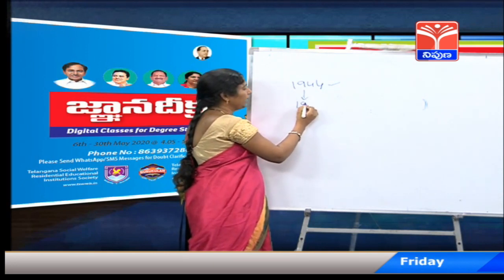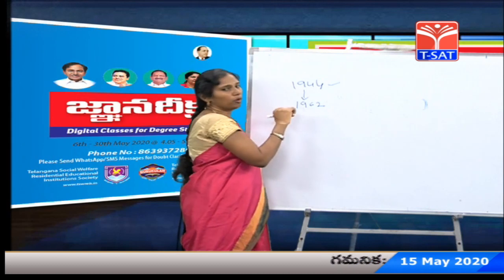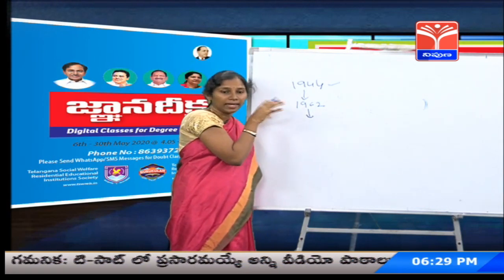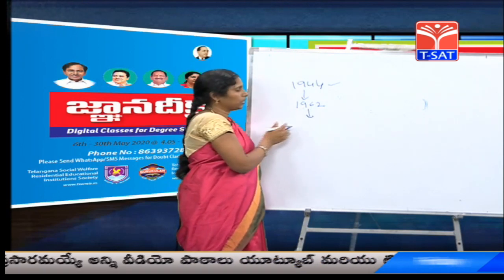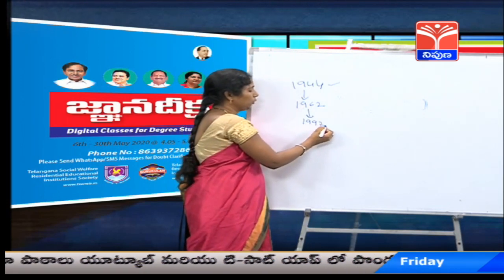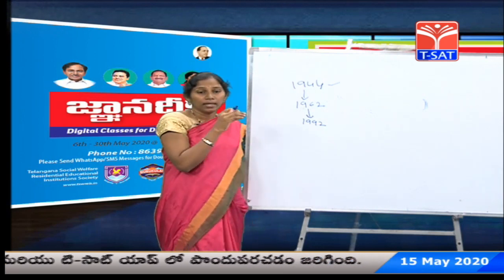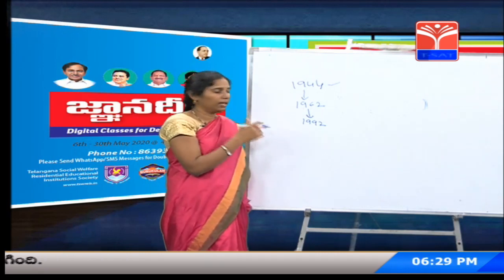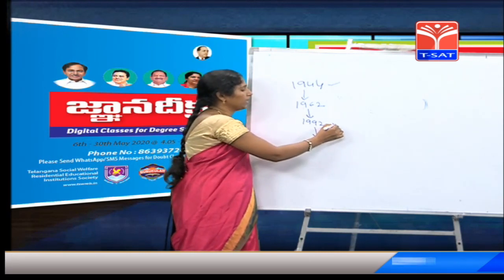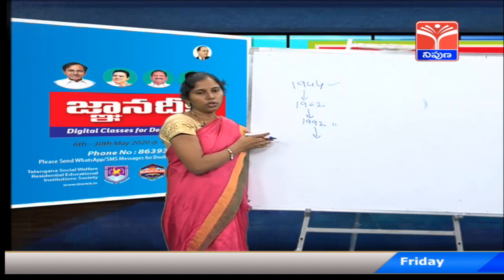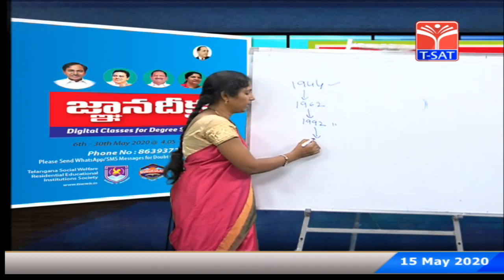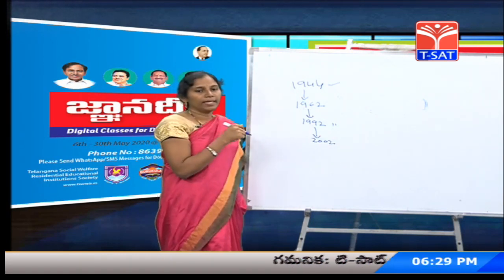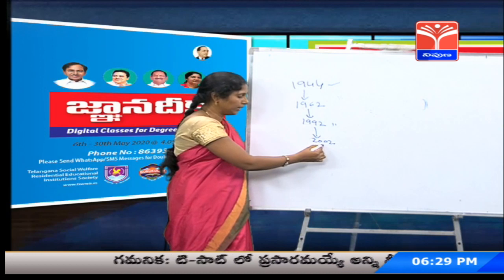After that, in 1962, another Nobel Prize for applying the NMR technique to solids and liquids. After that, in 1992, another Nobel Prize for the development of high resolution NMR technique.